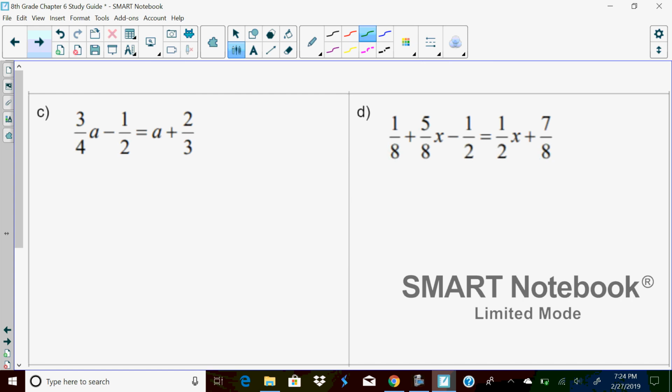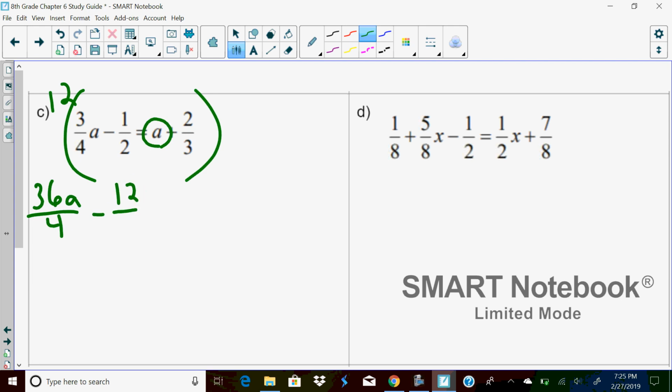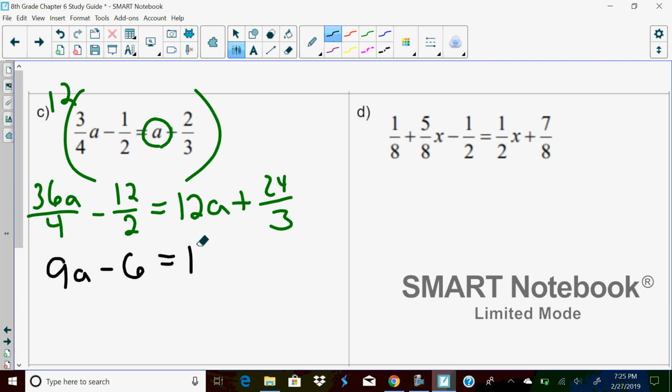Problem C, I'm going to multiply through by 12 again. Be careful, do not forget to multiply the a. So I get 36a over 4 minus 12 over 2 equals 12a plus 24 over 3. So when I simplify it, I'm going to get 9a minus 6 equals 12a plus 8.